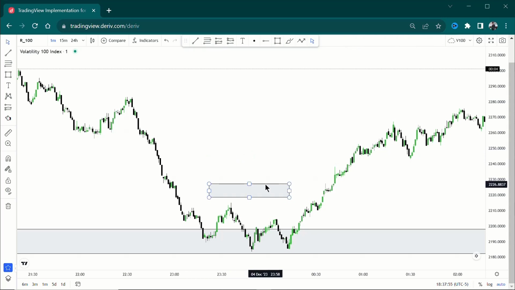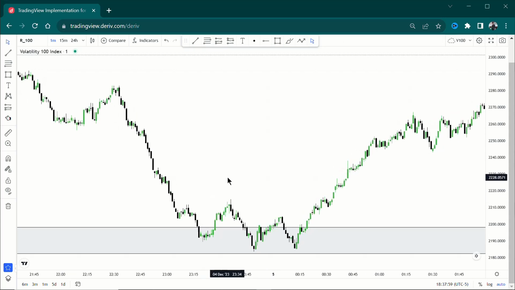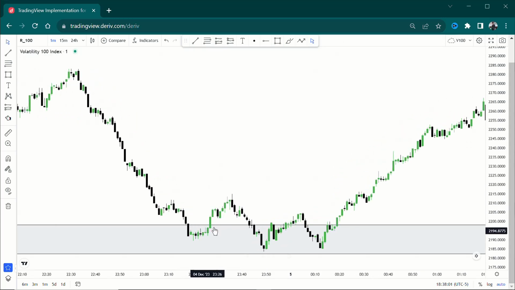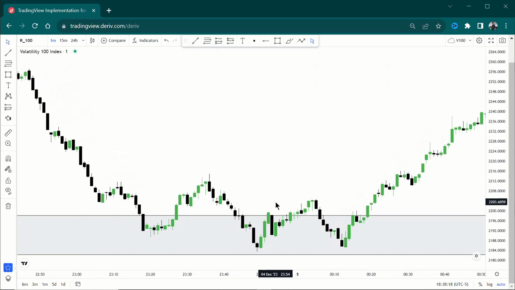All right, so even here, the market has already gone inside. So first we are looking for a change of character. Now you can clearly see there's a change of character here.